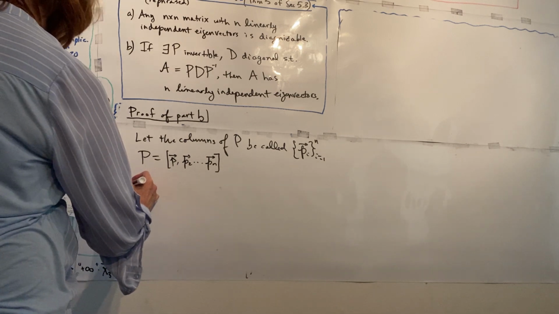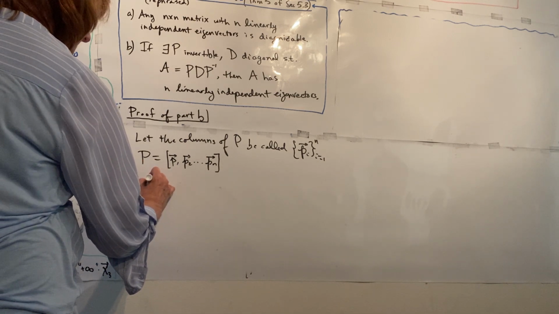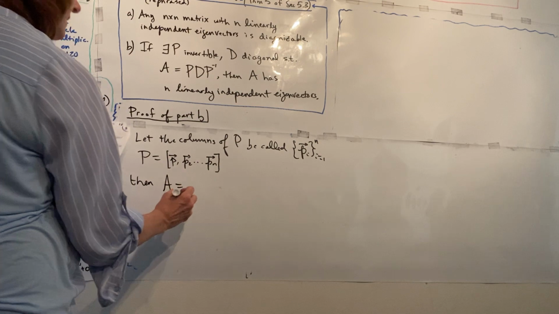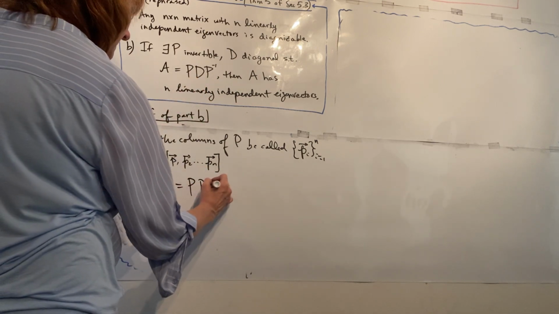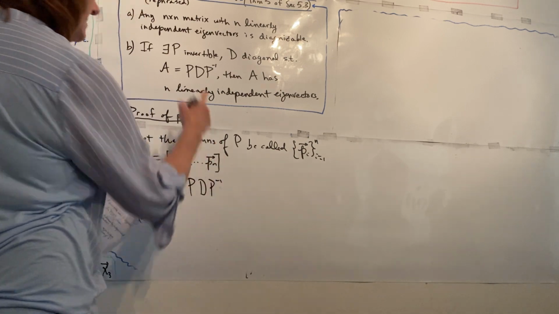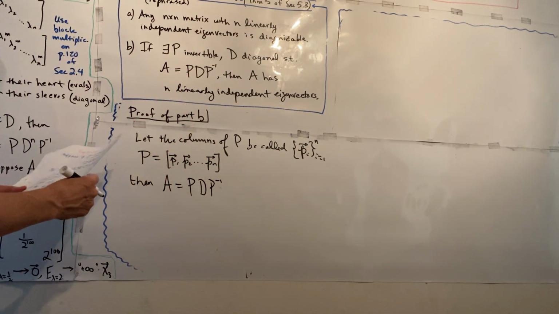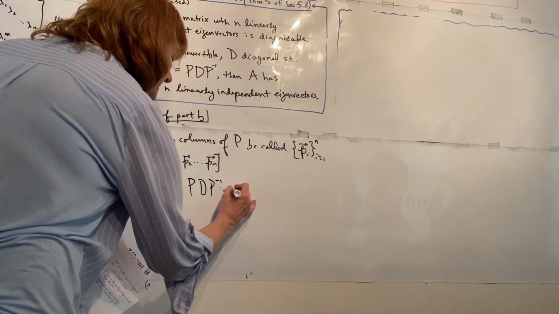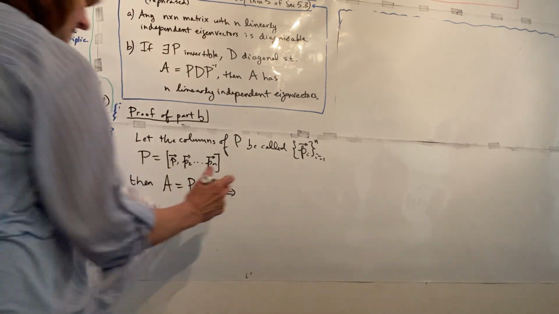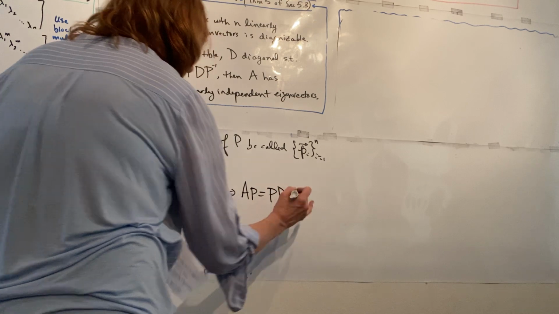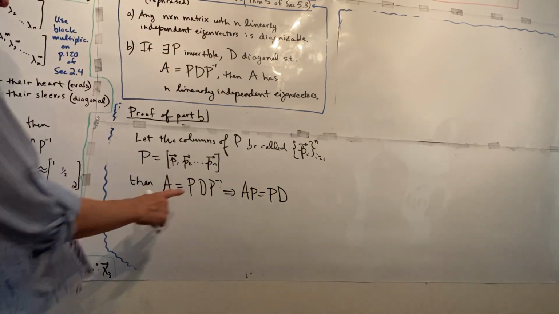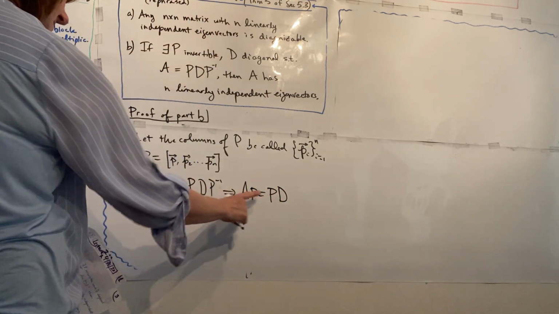Well, then your matrix A being equal to PDP inverse, that was also given. This implies that AP is equal to PD. What do we do from here to there?